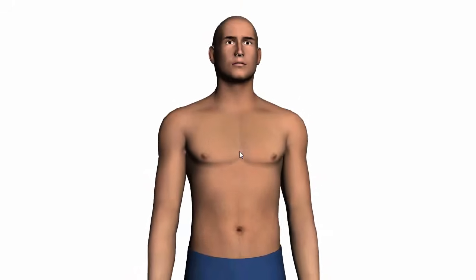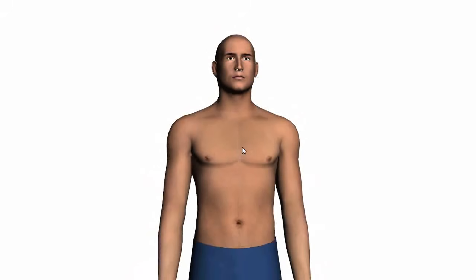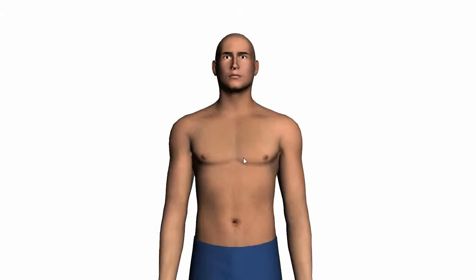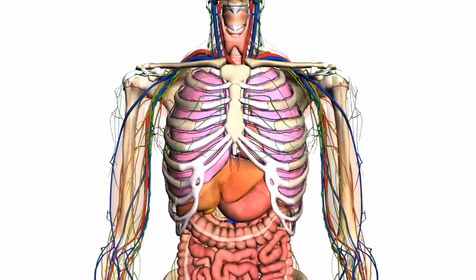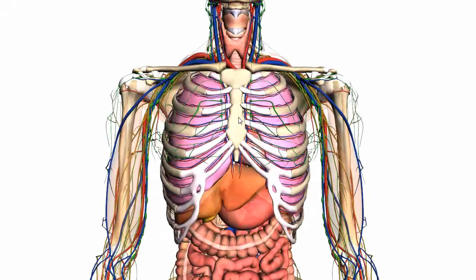Medial and lateral: medial is close to the midline, lateral is further away from the midline. So a medial structure is a structure that's closer to that median sagittal plane that I talked about a bit before. So for instance, going back to the sternum, don't know why I'm choosing the sternum, but the sternum is medial to the humerus.